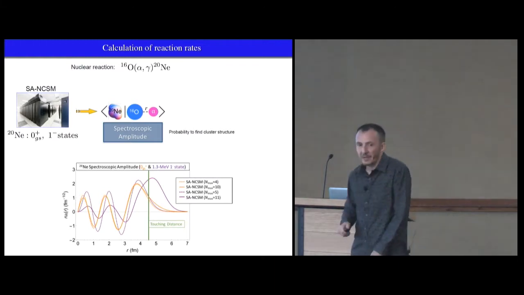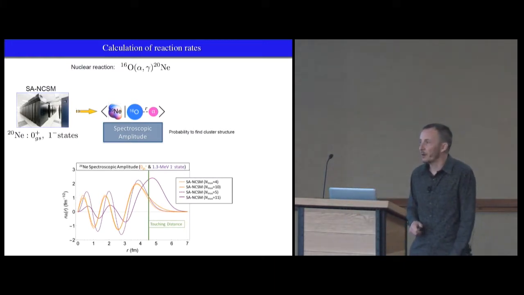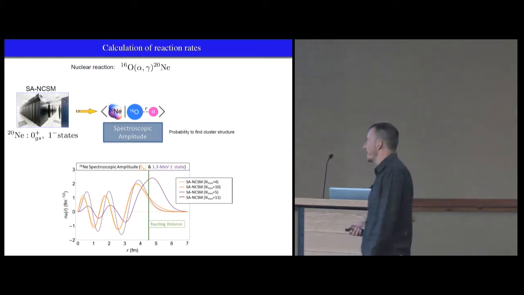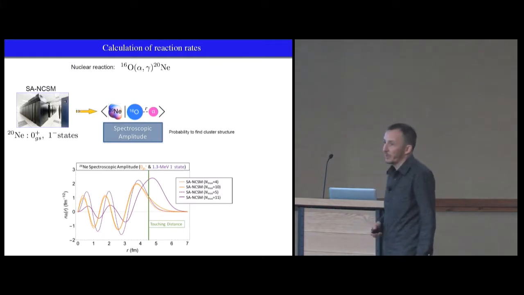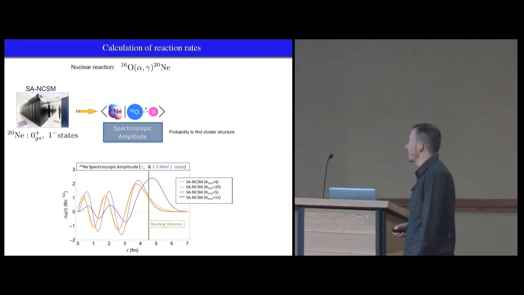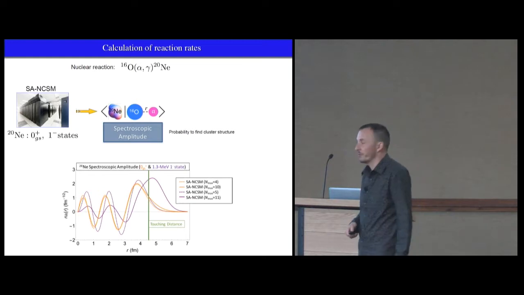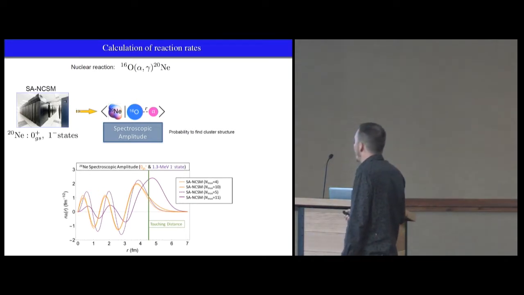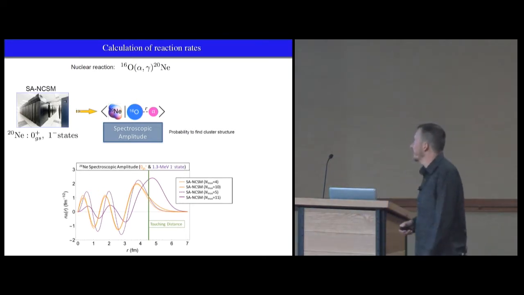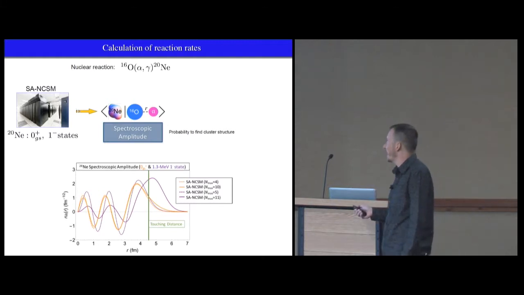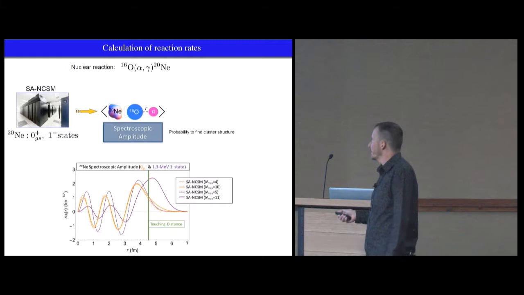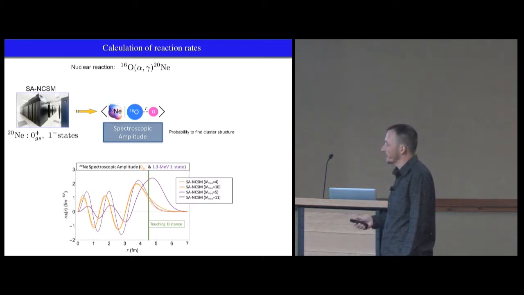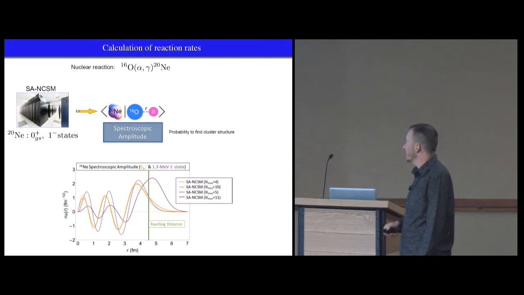So we built basically a database of nuclear wave functions for different medium-mass nuclei, which is also publicly available. And our students are now using this database for further studies. Ellie Dreyfus is calculating reaction rates. She's looking at alpha capture on oxygen-16. She uses the wave functions for neon-20 that were computed on Blue Waters and calculates spectroscopic amplitudes.